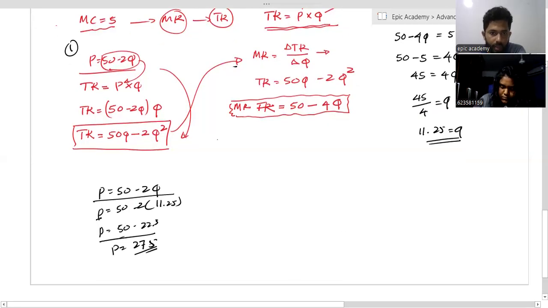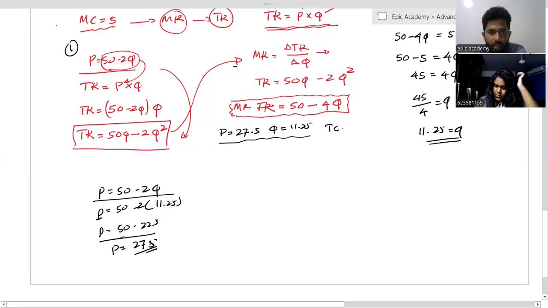We got the idea of each and everything here. We got the value for the price: 27.5. The equilibrium amount of production is 11.25. And we have the equation for the TC.